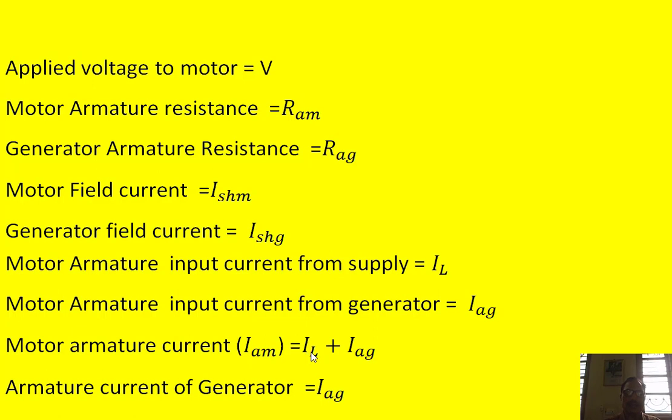Using KCL at the node of the motor armature, we get IL plus IAG.